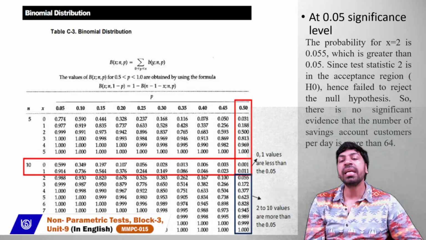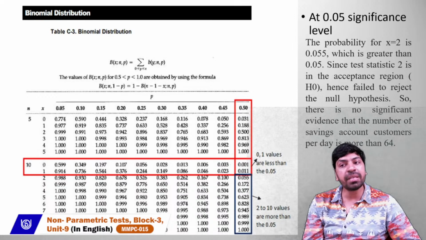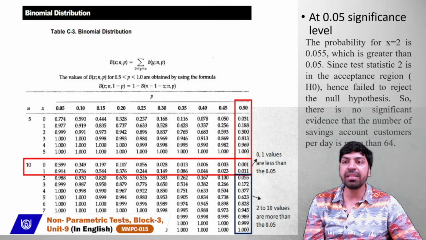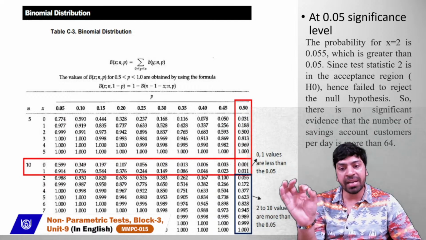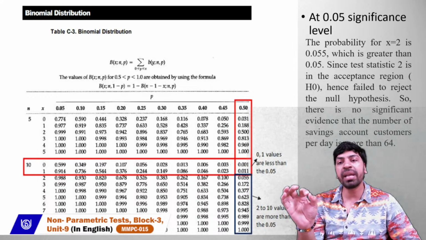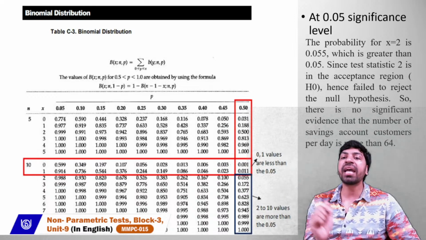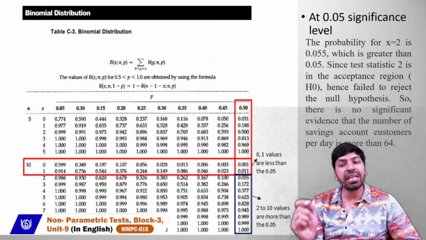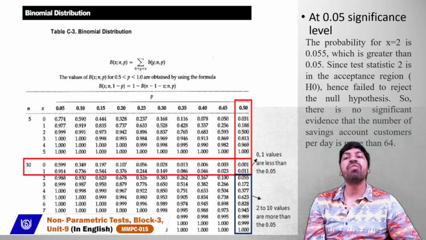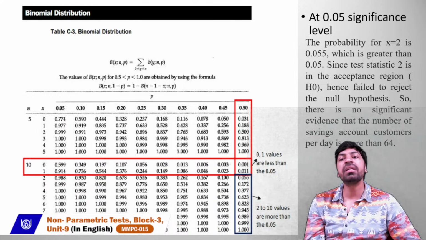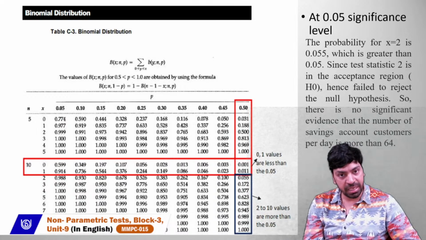As a result, it falls in the acceptance region. That means if the p-value is 0.055, which is greater than 0.05, we have to accept the null hypothesis.